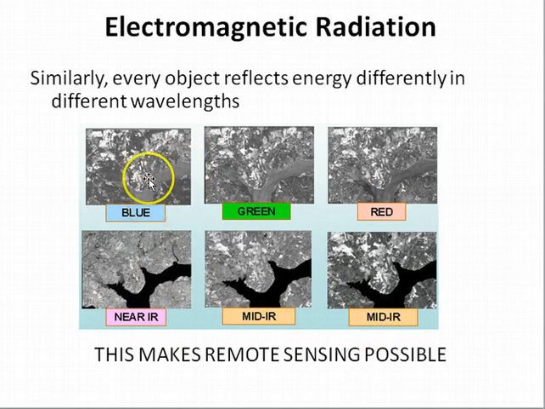And while in some bands you can see that, for example, blue is reflected back from the water, once we get into these longer wavelengths, they're much more readily absorbed by the water surface material, and therefore there's less to reflect back and they appear darker. Other objects, which are very obvious in one particular wavelength, may be unidentifiable or indistinguishable in a different wavelength. And this is really what we use to determine information about these various surface features.